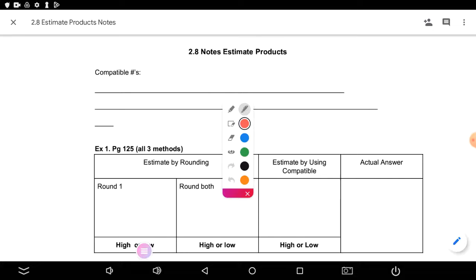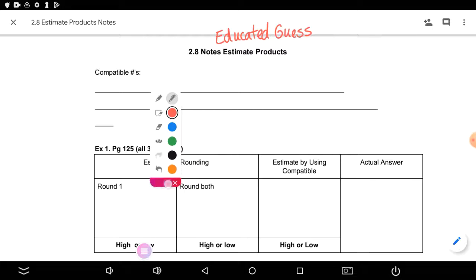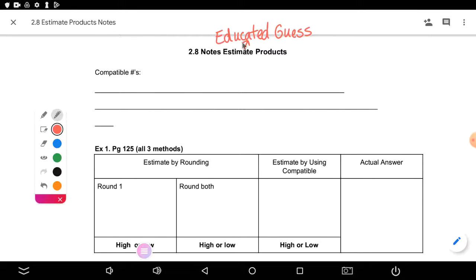I want you to write that up here at the top. Educated guess. Write it above where it says 2.8 notes, because if it tells us to estimate, we are giving an educated guess. Also, we're going to add a little side note. All problems should be mental math.